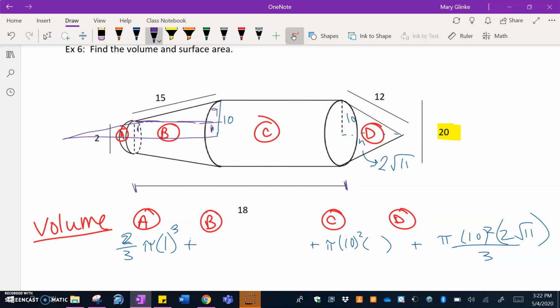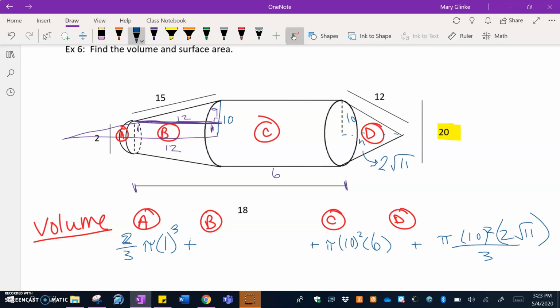You can now do the Pythagorean Theorem with 9 and a missing variable here being the other leg of that right triangle and 15 being the hypotenuse. When you do that, you get the height here to be 12. And so the height of the frustum is 12, which means then the height of the cylinder is going to be 6. Again, not to scale, and I totally get that.